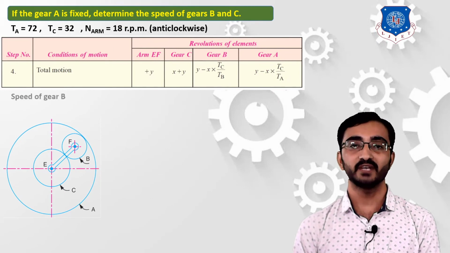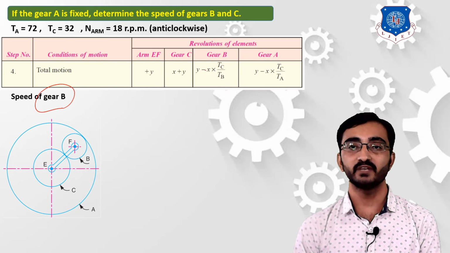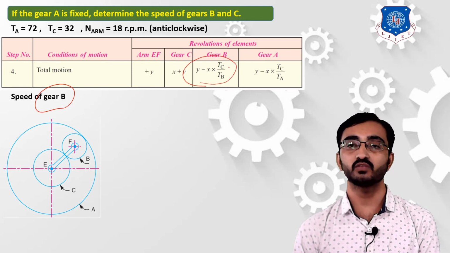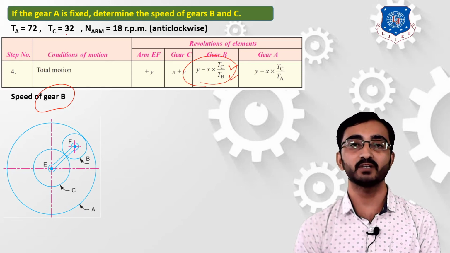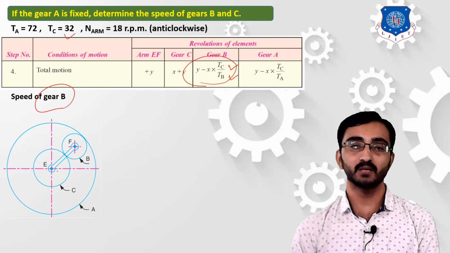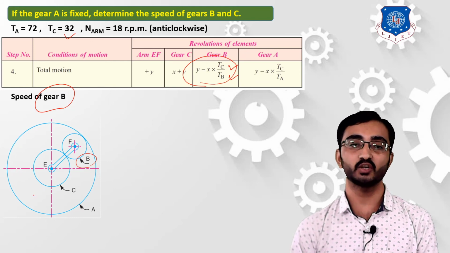In that case, to calculate the speed of gear B we have to solve this term. Over here we have to find out the number of teeth of gear C and gear B. Now in the data they have given only the teeth of gear C. So first of all we have to find out the number of teeth of gear B. For that we can simply consider this geometry.